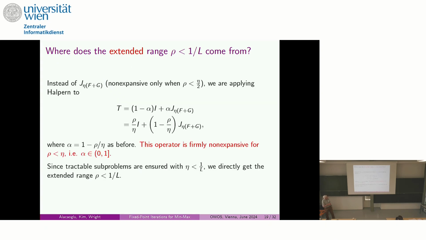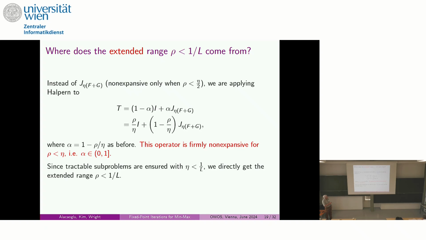rho to get. But our secret sauce here is to use this operator T as the thing that we use in the fixed point formulation rather than the original resolvent. And using that operator, we still need the non-expansivity property, so we still need rho to be less than eta over 2, but we can now let the eta go up to 1 over L. Okay, where did I screw this up?